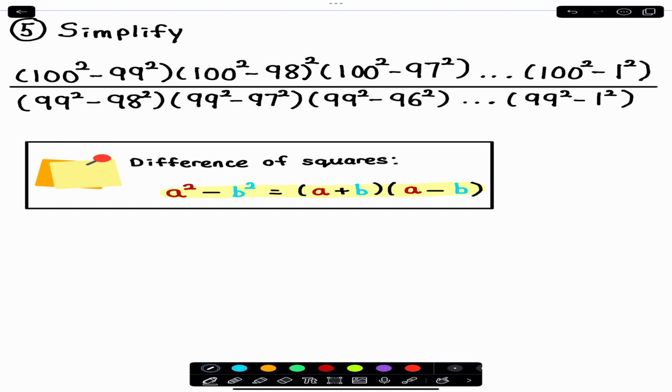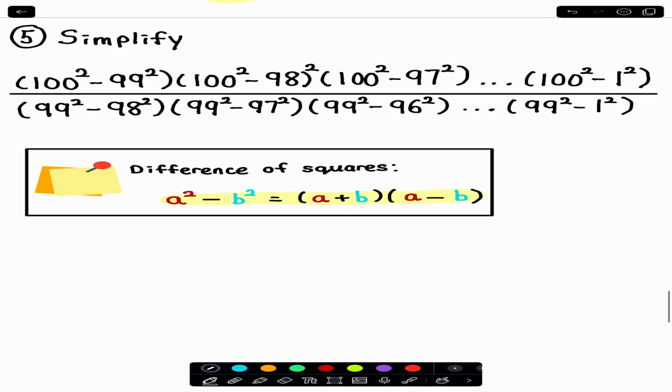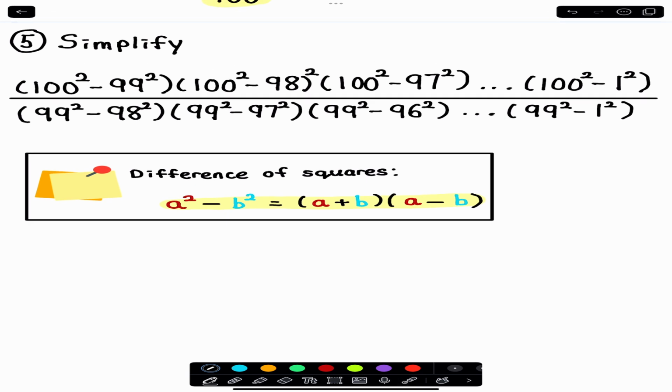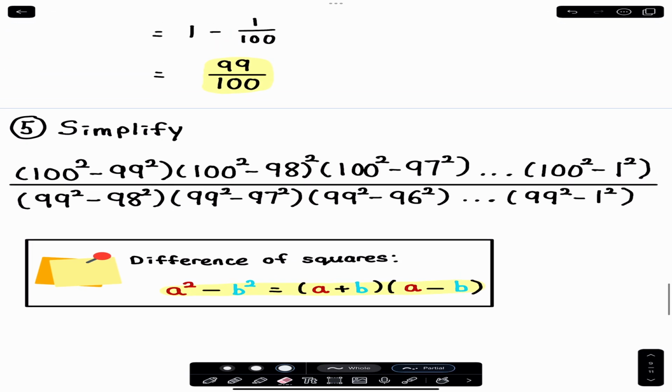It's a monster problem. We got this giant, scary looking fraction to evaluate. 100 squared minus 99 squared, times 100 squared minus 98 squared. Oh my gosh, I just realized, sorry about that, guys.